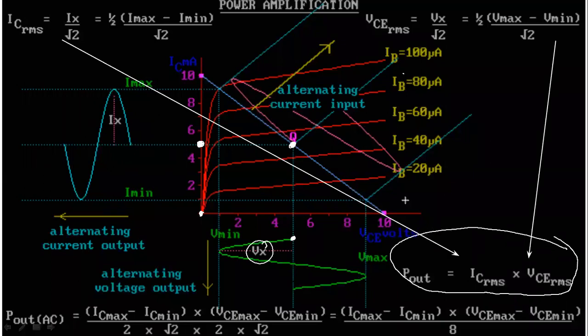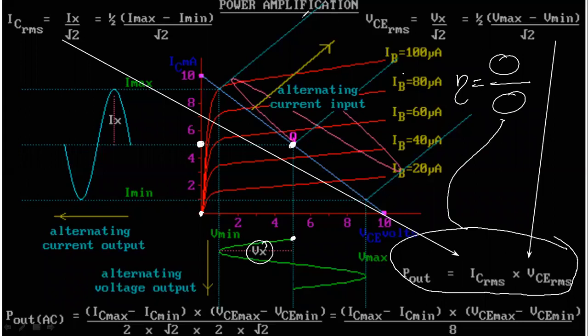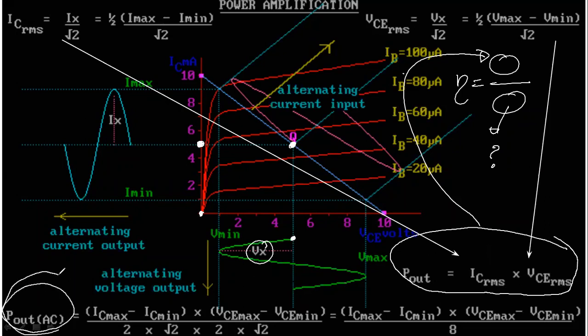In your equation for eta, you have two terms. Now you have computed the relationship for this term. Now we have to think about what should be substituted for the other one. Once you substitute this I RMS value and V RMS value, P out becomes something like this.